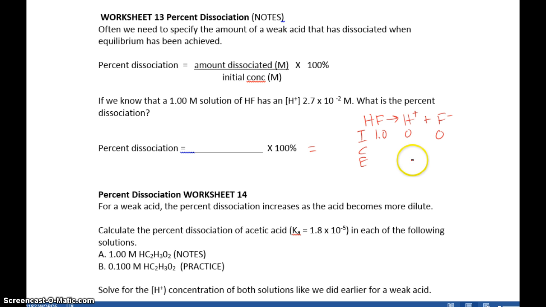And if we know the hydrogen ion concentration, which is 2.7 times 10 to the minus 2, that's our X value that we've solved for. So 2.7 times 10 to the minus 2 over the 1.0 molar, times 100%, and I'm just a little bit out of room there, you get 2.7%.